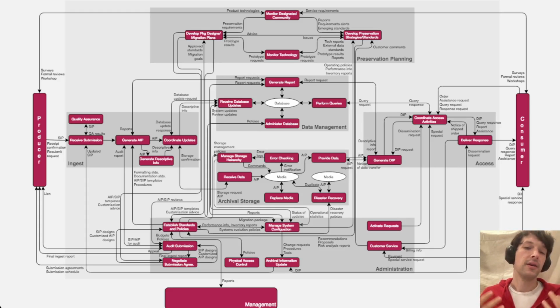So again, OAIS, lots of flexibilities here, lots of options that we have. The core thing that I want to reiterate is we have 3 types of information packages, and the contents between them vary pretty drastically, and we need to be thinking about that in terms of what we're keeping for the long term.